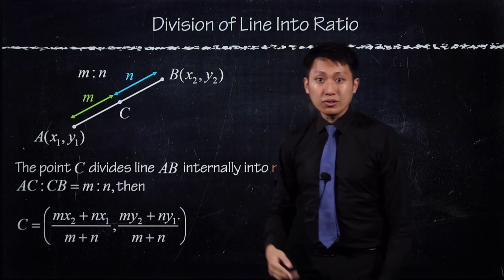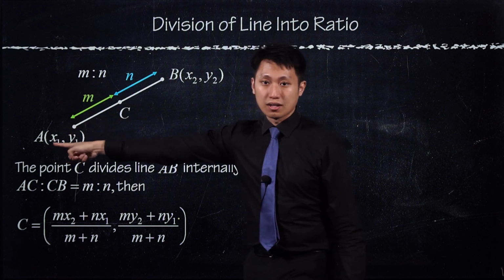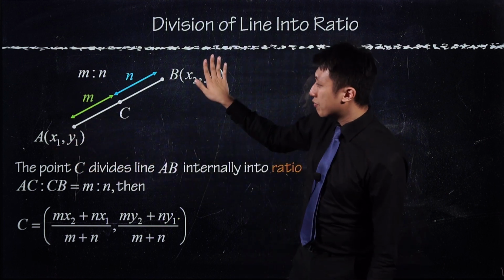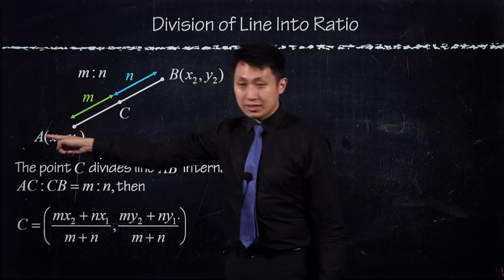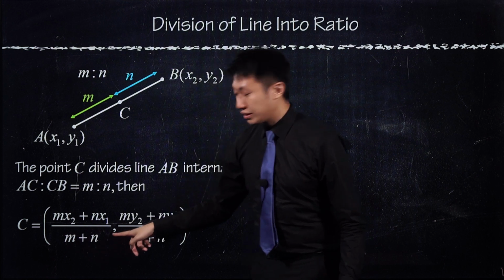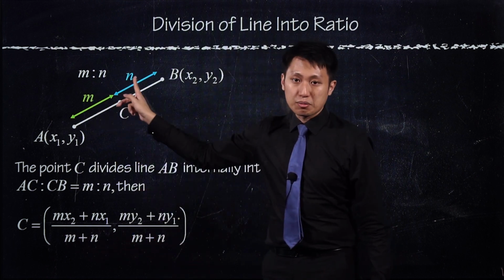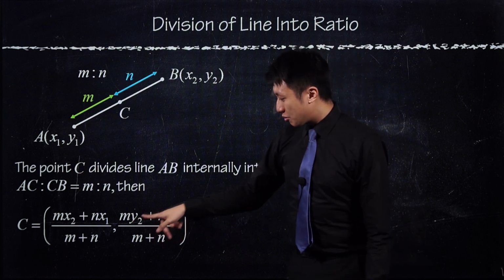You see the pattern here, it's cross and cross. Focus on the x coordinate first: cross to this side and this one cross to this side, and add them up. After adding them up, remember to divide by the sum of the ratio. So you get a ratio.